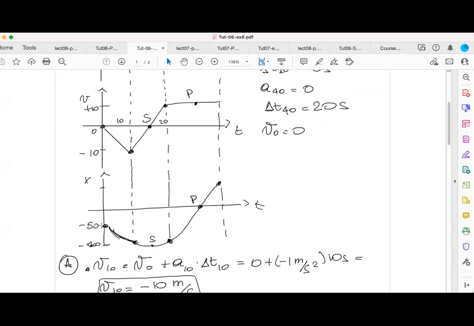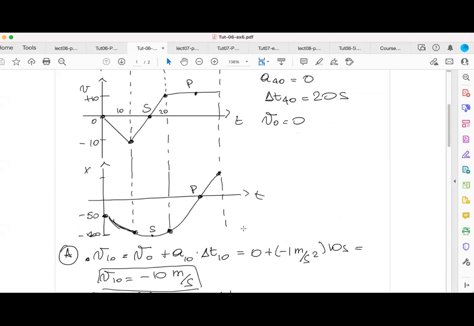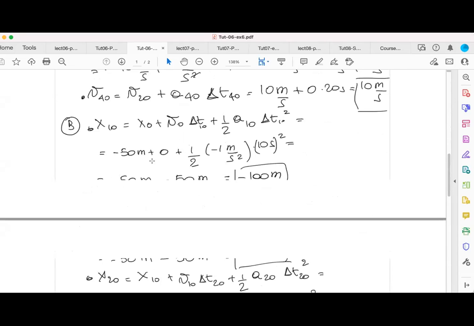So our position in x is minus 50 meters. So minus 50 meters plus initial velocity v naught, which is here, it's 0, plus 1/2 times 1 meter per second squared times 10 seconds squared.